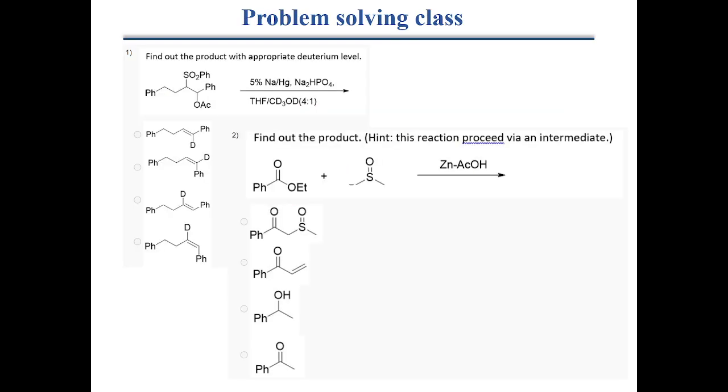Now I'm going to discuss some problems. The first problem is to find out the product with the appropriate deuterium label. This is a Julia olefination reaction. First, sodium amalgam in the presence of NaH2PO4 and CD3OD forms sodium methoxide.